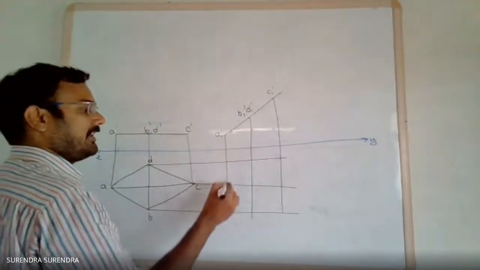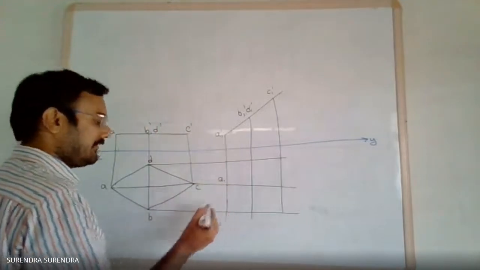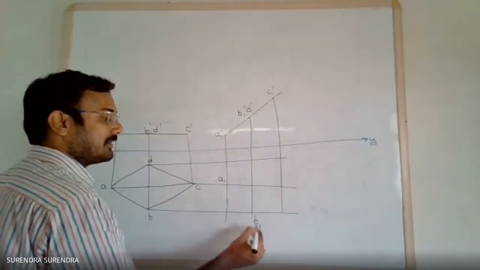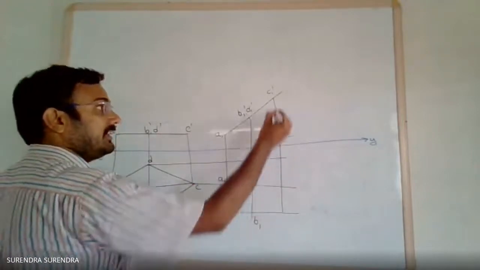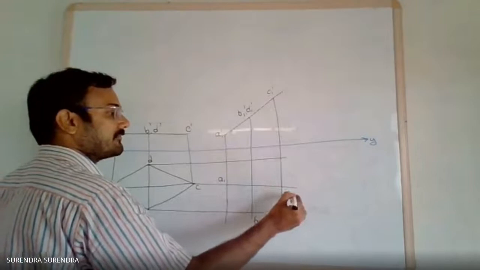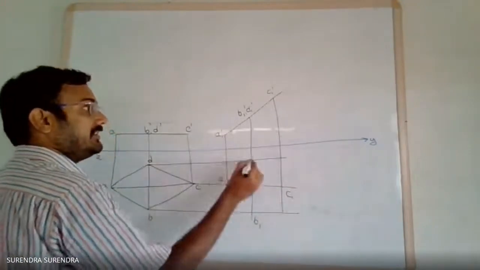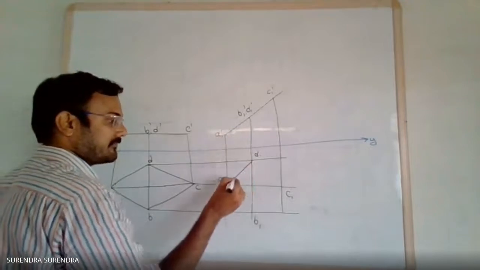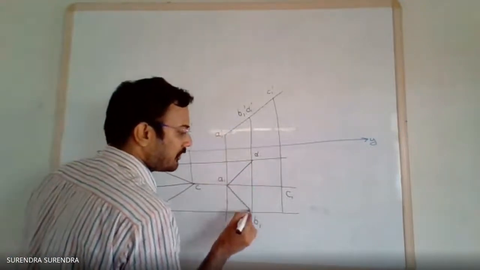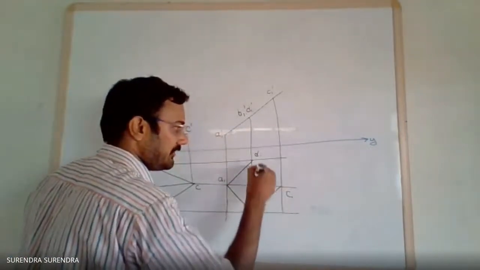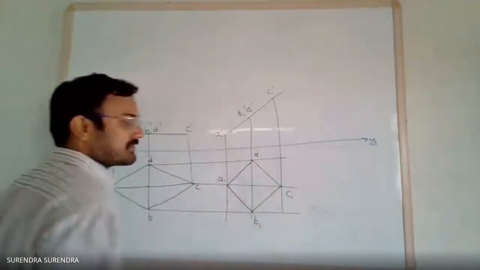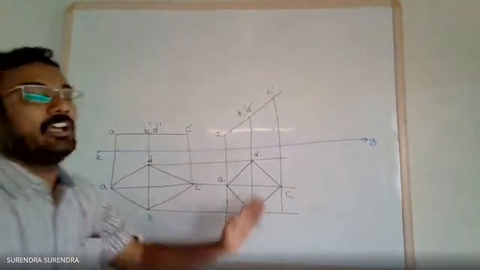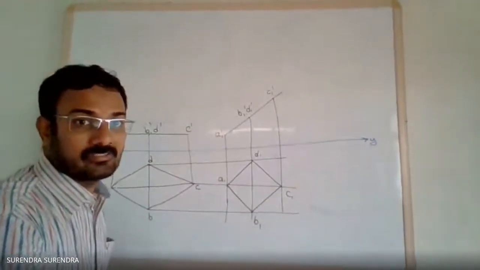Locus from A1 dash, A1, B, B1 dash, B1, C, C1 dash, C1, D, D1 dash, D1. Join A, B, C, D, A with a straight line. So you're getting a rhombus, one more rhombus.